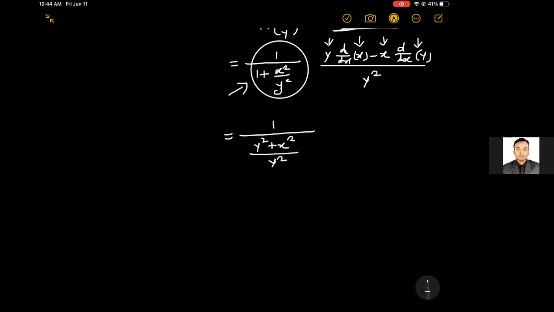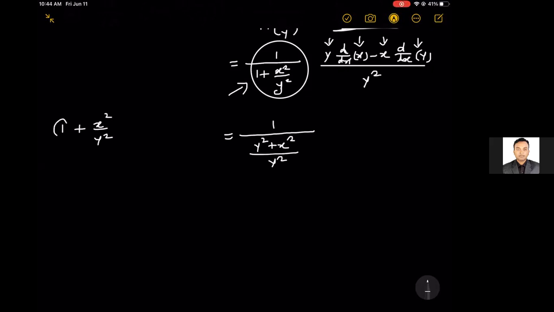But if you want me to re-explain, I'm more than happy to do that. Just try to convert it to the same denominator. If you have the same denominator for these two terms, you can actually add the numerators, and that's what I have done. So I have 1 plus x squared over y squared.